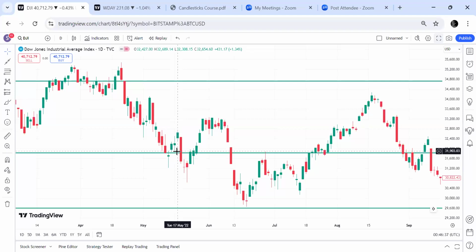The hammer forms after a decline in price, signaling a potential reversal to the upside. The long lower wick indicates that sellers initially drew the price down, but buyers stepped in and pushed the price back up, showing bullish strength.